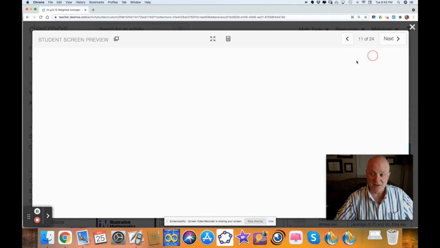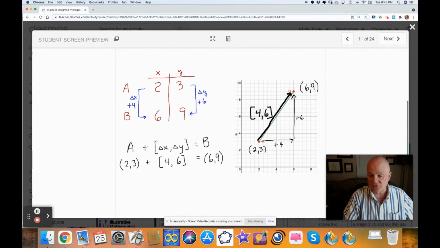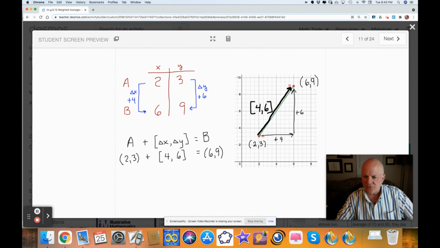And finally, the last one that we'll look at is this one. This is where it gets very interesting, because I'm going to show you this table form, only I'm going to show it to you with algebra. We're going from point A, and the change from point A to point B, the directed line segment, is the vector <4, 6>. I'm going to go 4 in the x direction and 6 in the y direction.